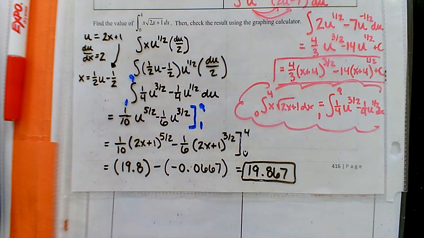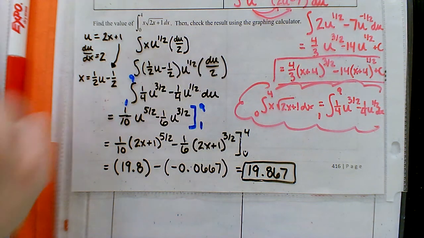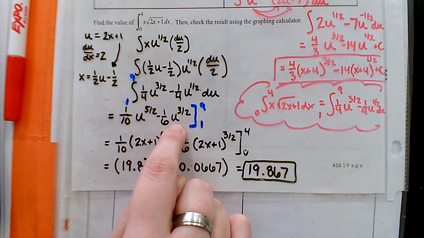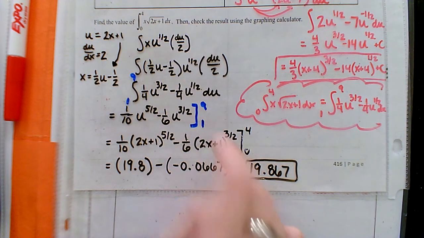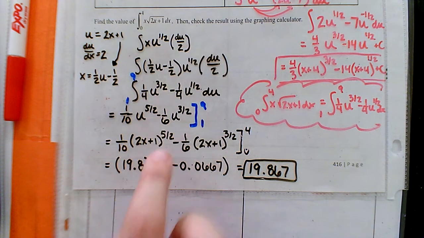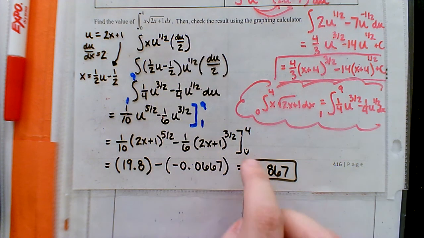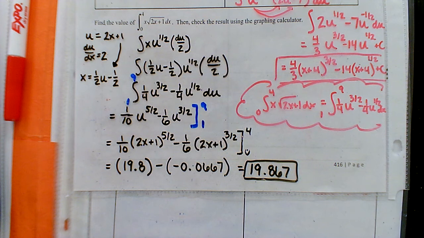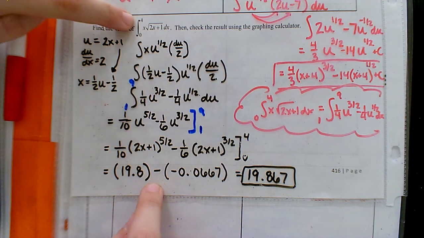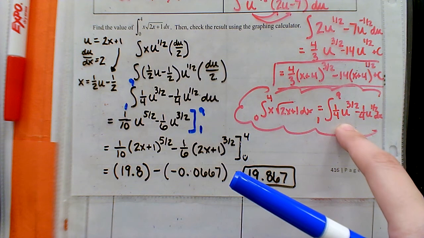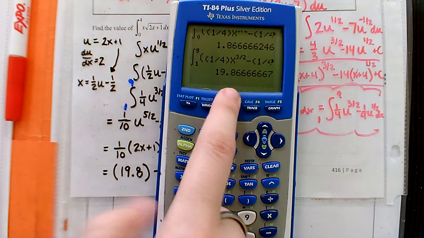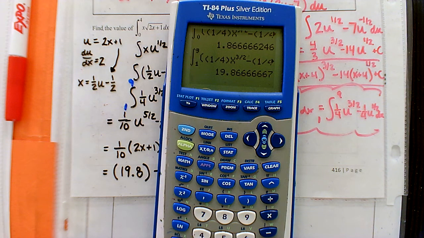So what's neat is if you're actually solving for a number, meaning you have the bounds, you can either utilize the u antiderivative you found, making sure that you change those bounds appropriately, or you can replace the u with what you let it be in the first place and use the original bounds from the integral. They are the exact same thing. So we got to be careful that we make that distinction between the two integrals. Even though the original bounds were 0 to 4, those are equivalent for 1 to 9 on that new integral we found. I hope that makes sense, because notice how we get the same answer in the end.